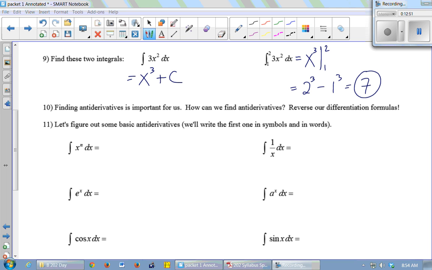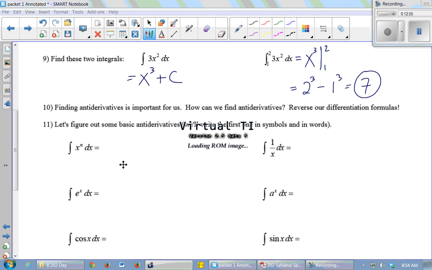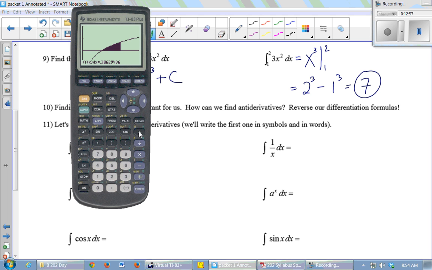And we should check on our calculator, at least when you're doing things at home where you're allowed to have a graphing calculator, you might as well check. So 3x squared, and I want the integral from 1 to 2.